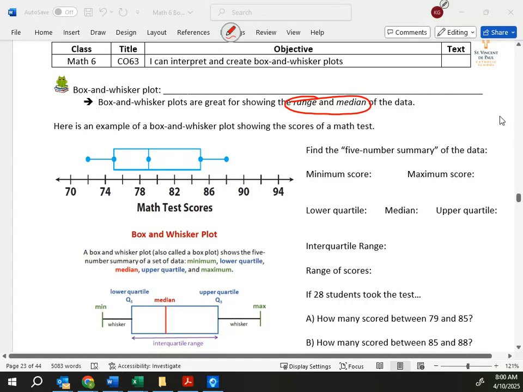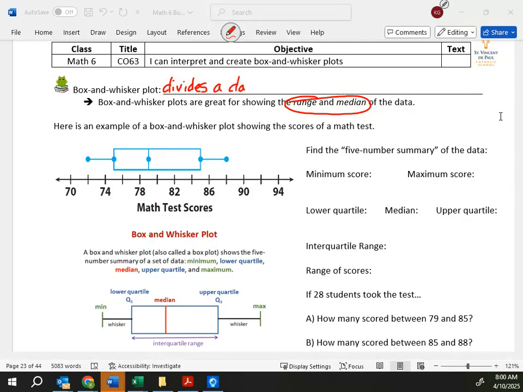A box and whisker plot divides a data set into 4 parts.